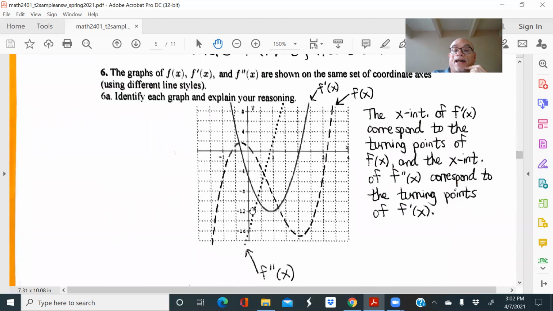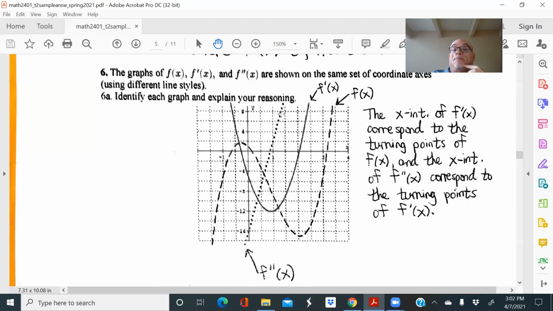So we already decided that this dotted curve is the second derivative. So what's the derivative of this dotted curve? Well, we don't have a formula for f double prime, unfortunately, so we can't just write down what its derivative is.